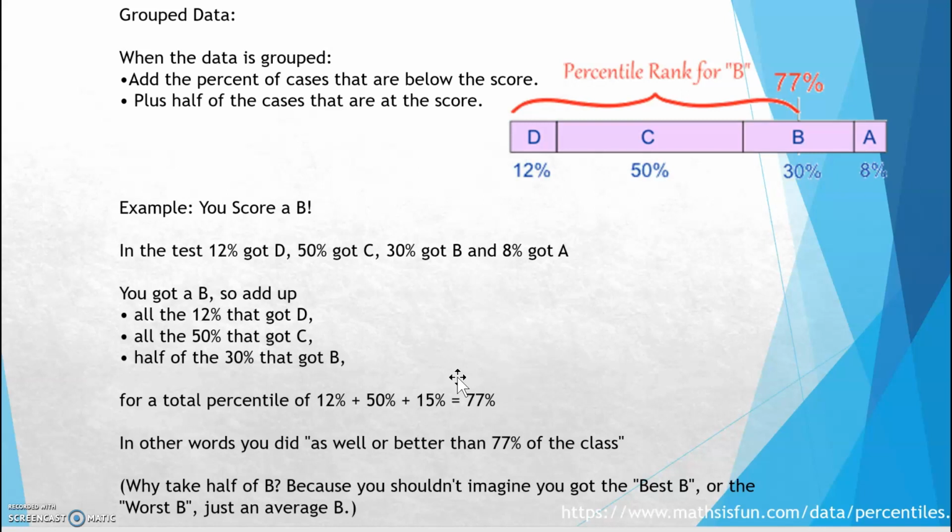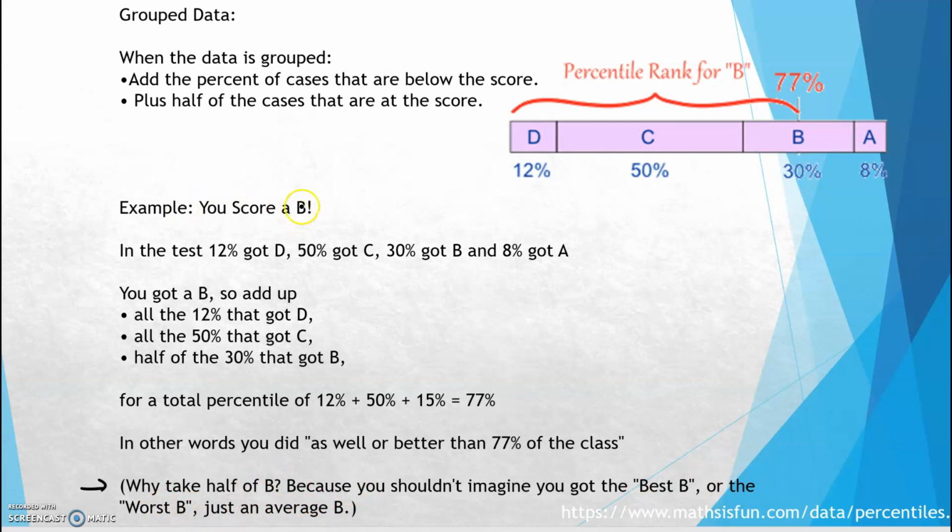This is looking at group data. Okay, so it's grouping into A, B, C, and D grade. So what you're going to do is add the percent of the class that are below the score plus half of the cases that are at the score that you're looking at. And then down here it says, well, why do you take half? Because you shouldn't imagine that you got, we're looking at B here, the best B or the worst B, just a middle B. Okay?